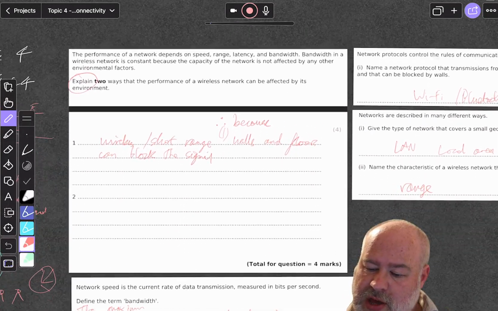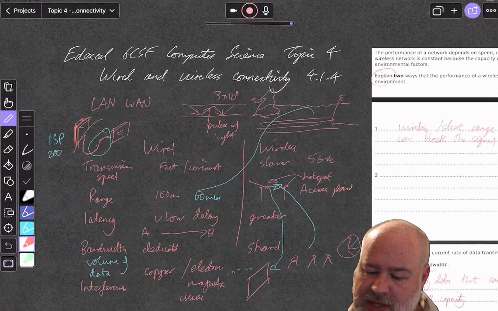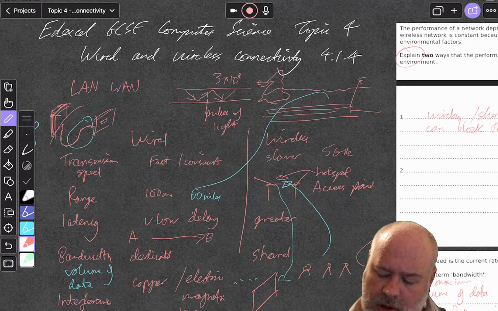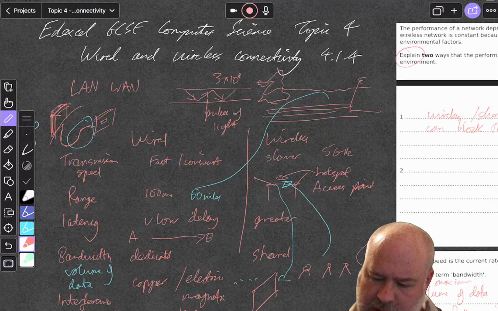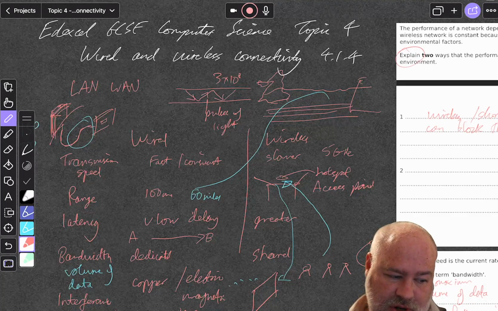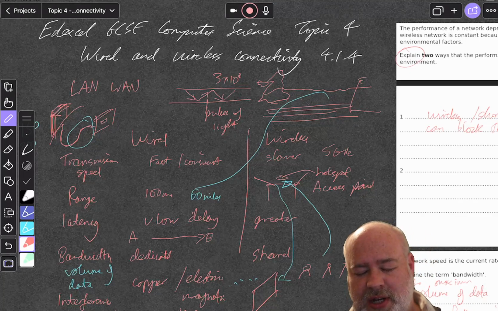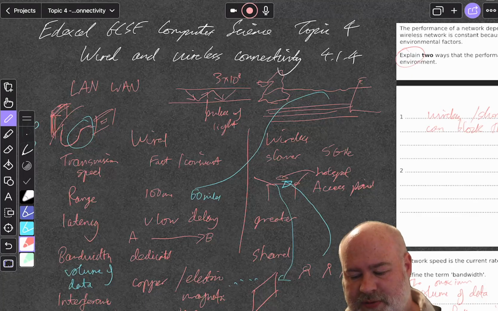So that gives you a range of the kind of questions that you might see. I should also say that copper cables are not light pulses, they are electrical signals. So they're going to be slower, still very fast, but slower than the pulses of light in a fiber optic medium.